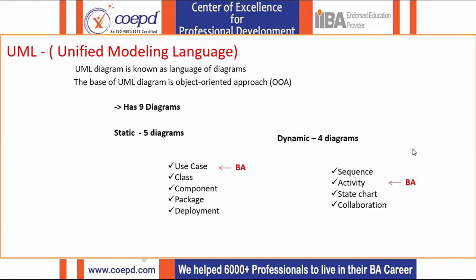Use case is meant to identify a requirement. Activity is meant to just represent the flow. So these two we should be familiar with. The rest of the diagrams are going to be used by the technical people or for their documentation part.